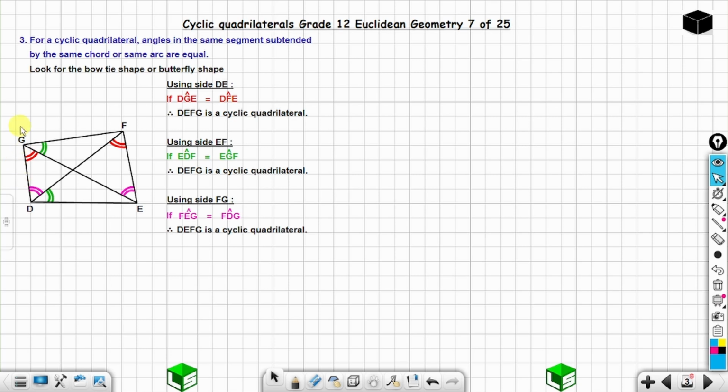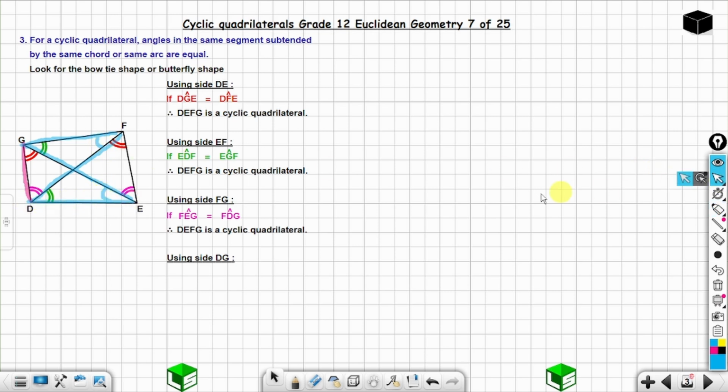You can also use this side, using the side DG. Using this side, now you are going to prove that this angle is equal to this angle.